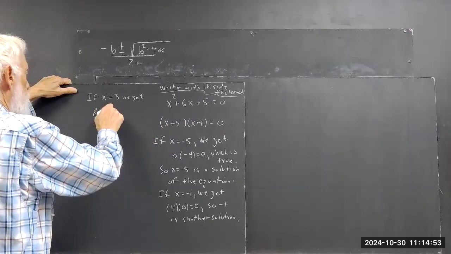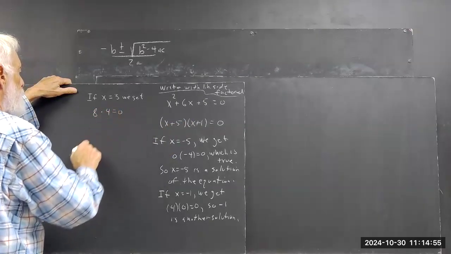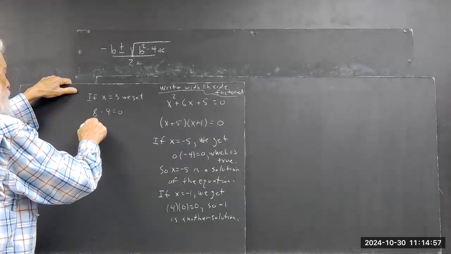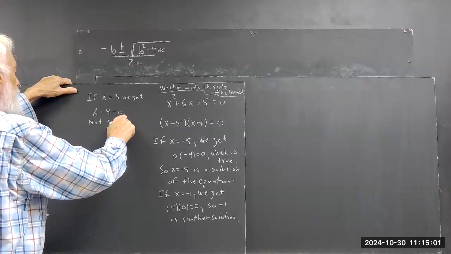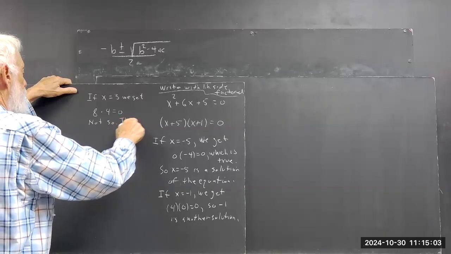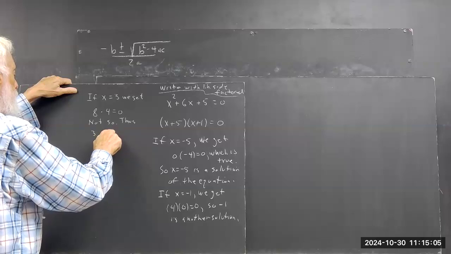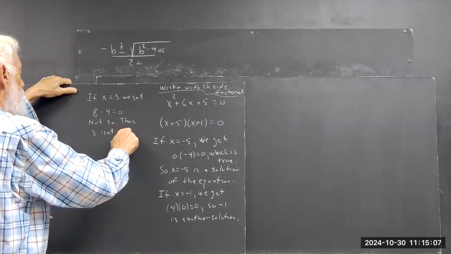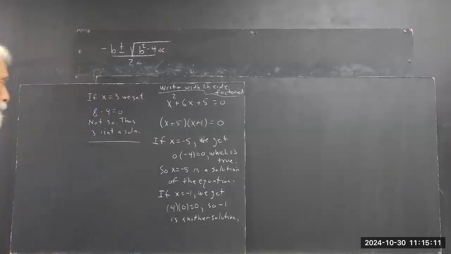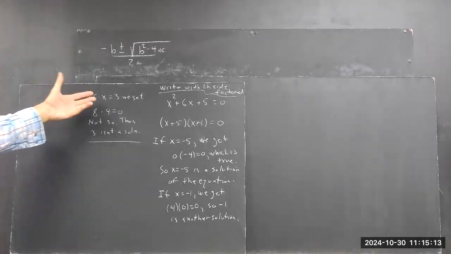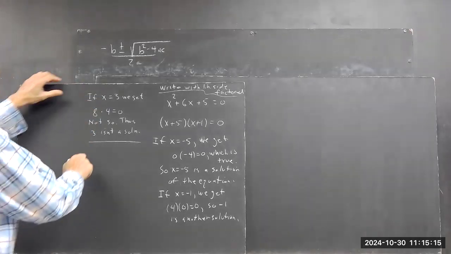X plus 1 is 4. Eight times 4 equals 0? It's not so. Thus, 3 isn't a solution.